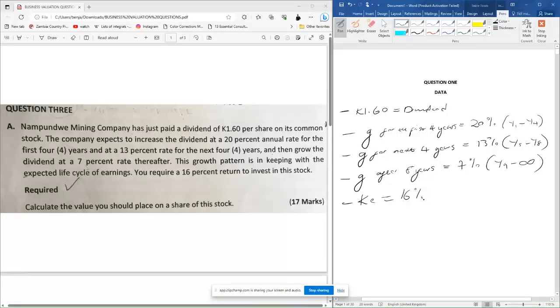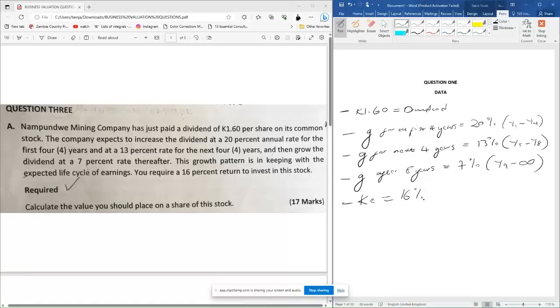So we need to know the actual values of these dividends for all these years. And then we are going to have to discount these future values of the dividends to know their present value, right? Once we know the present value of these dividends, we will use the present value of those dividends to find the value of our common stock.